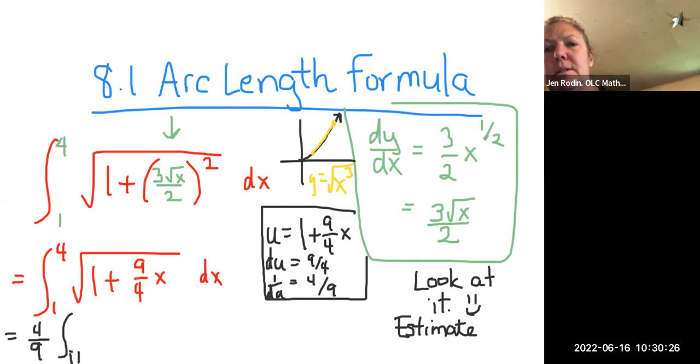We didn't do those yet. So I'll fill those in in a second. I'll just put little stars there, because when we switch over to u, those change. And then we've got the square root of u, which is u to the 1/2, du. So that's what we're going to integrate.